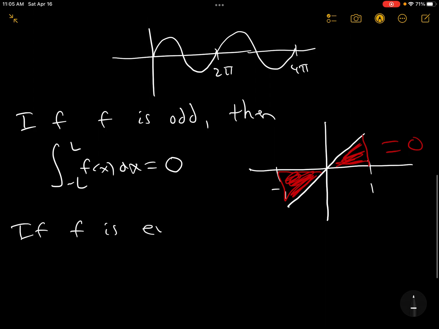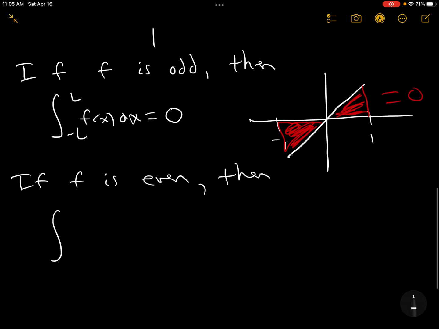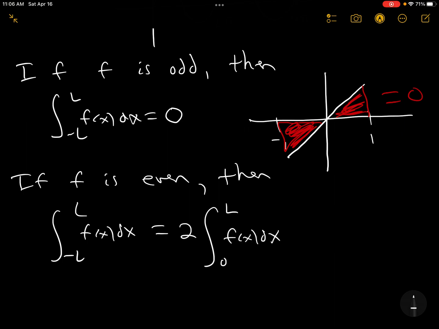In a similar vein, if f is even, then this is equal to 2 times the integral from 0 to L of f of x dx.